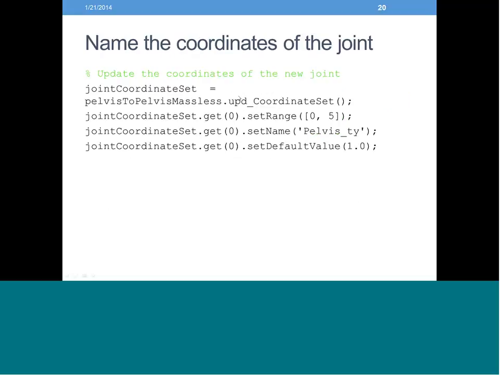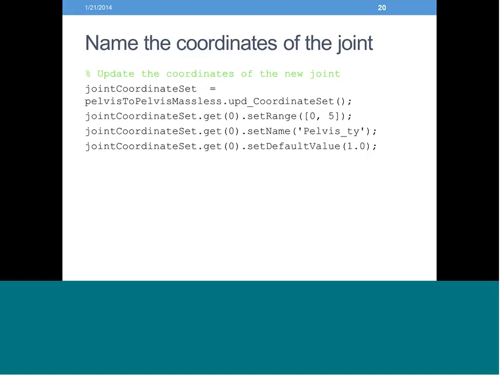So once we've created our joint, we need to actually take the degree of freedom and give it a name. And here's the difference between get and update in OpenSim. Get gives you a non-editable version of the information. So if you can imagine, I just want to know how far my pelvis has moved, I'll use get because I'm not going to change that information.